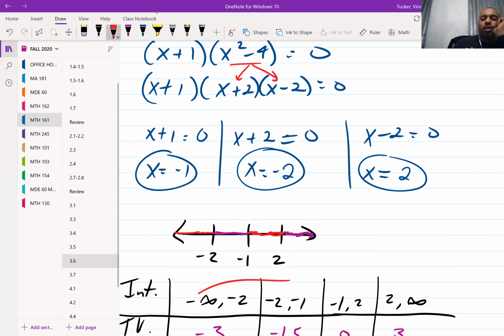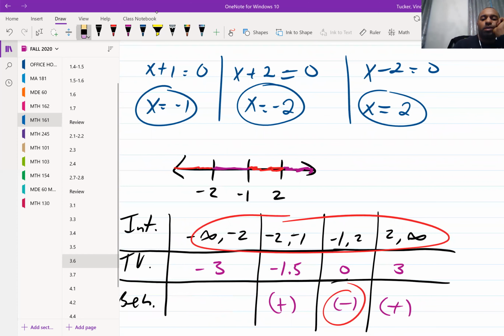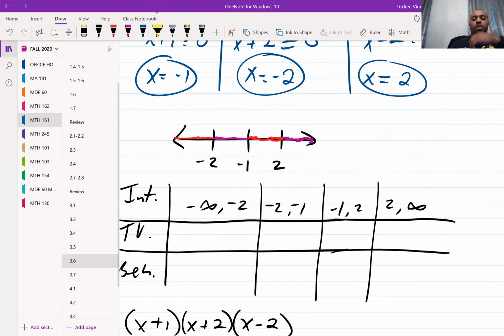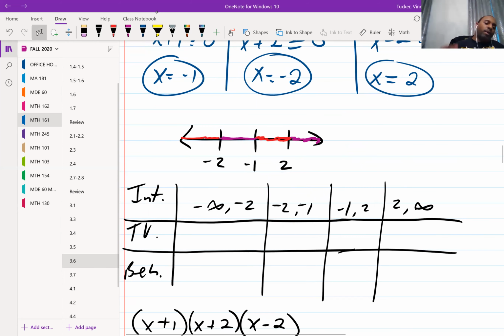So that's what I have set up in the chart for my intervals. I set up my chart the same way. Got my intervals. We need our test values, and then we need the behavior of the graph in those intervals.